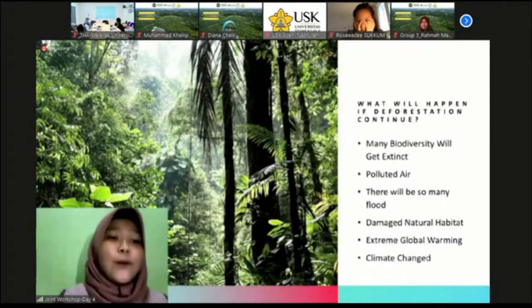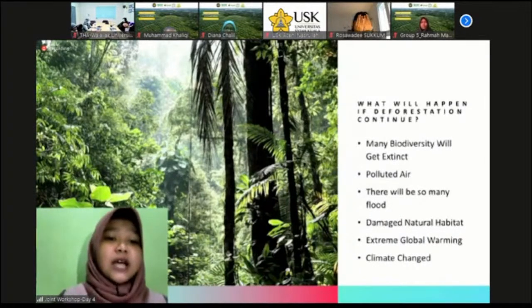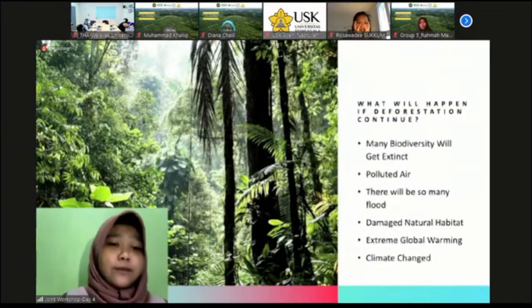Next is what will happen if deforestation continues. First, the extinction of biodiversity is observed following tree cover loss, and it's because of the lack of strict government regulation in Indonesia, causing the extinction of biodiversity, such as illegal forest burning, which results in the loss of animal habitat.